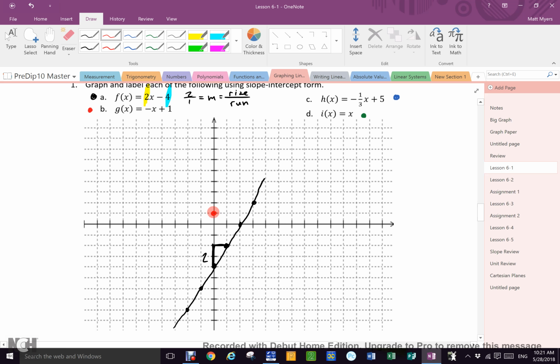How do I get a negative rise? Go down. Go down 1. How do I get a positive run? Go right 1. Or, back to the starting point, what's the other way I could go? Up 1 and left 1. And that makes this line. Everybody good? Great. Where do I go for C?